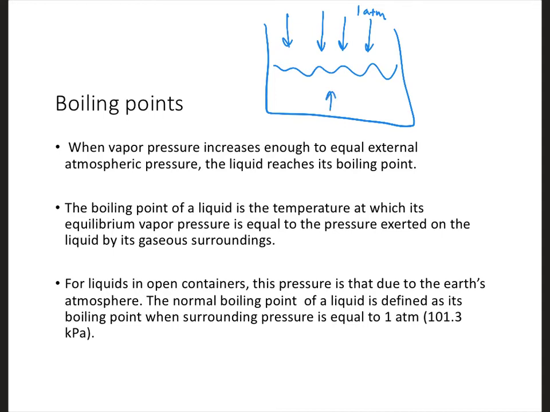If this liquid has a vapor pressure of 0.5 atmospheres, atmospheric pressure is winning. It's pushing down on the surface of that liquid. It's letting those liquid molecules stay in the liquid phase. At the point where the vapor pressure continues to climb and becomes, say, 1.5 atmospheres, now it's winning.